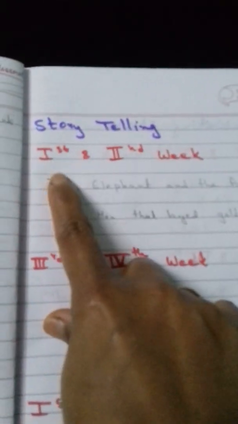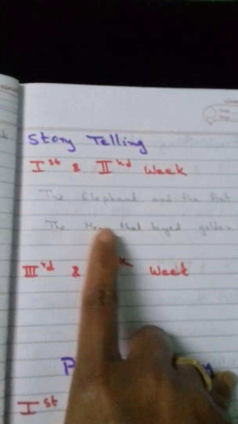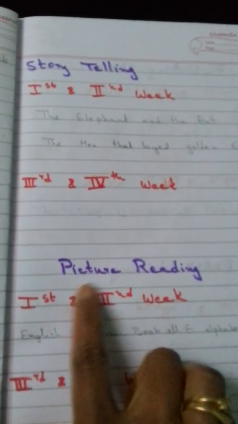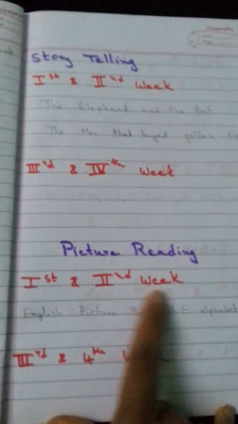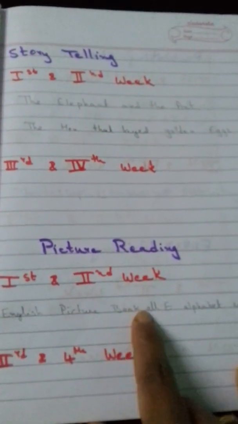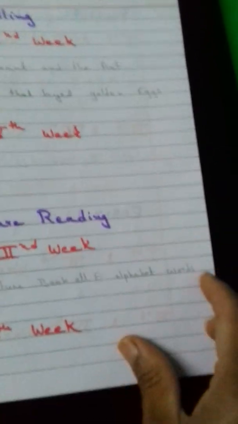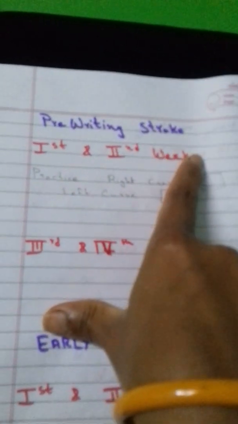Then storytelling for the first and the second week is the elephant and the ant, and the hen that laid golden eggs. In picture reading for first and second week, English picture book, all E alphabet words. Then pre-writing stroke for the first and the second week is practicing right and left curves.